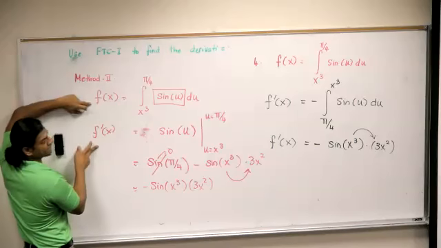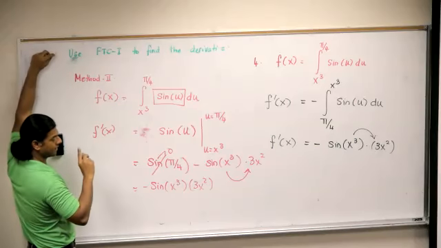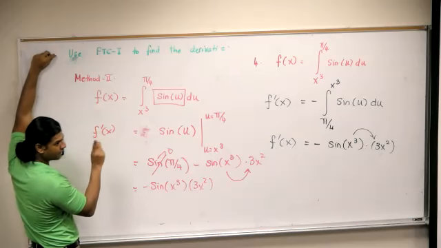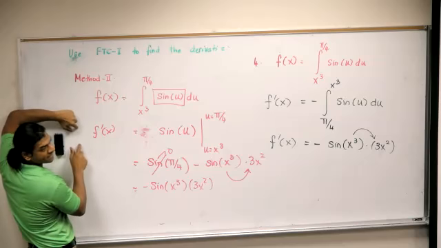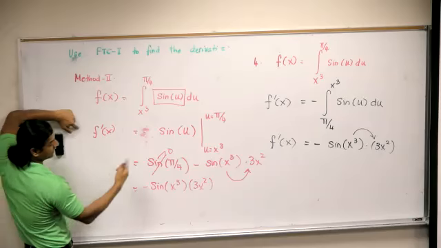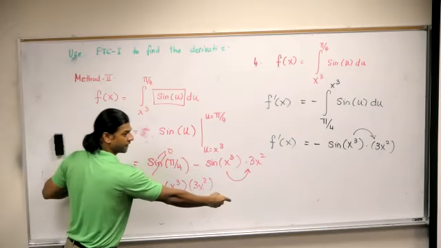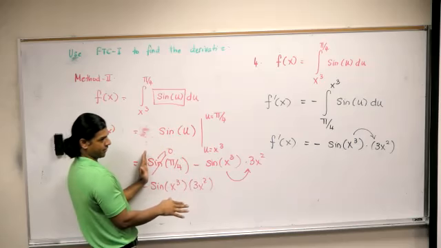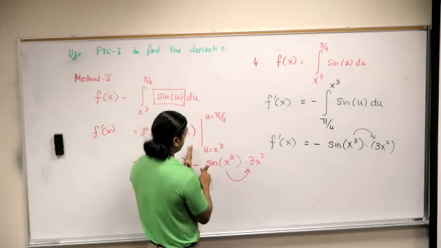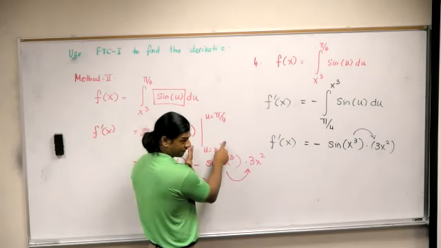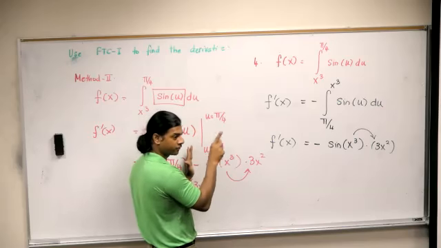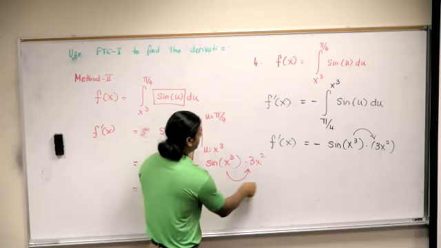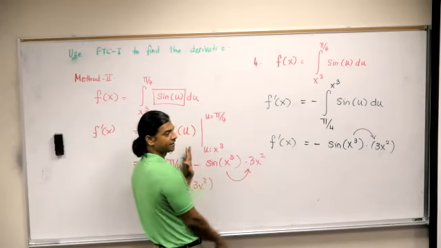Derivative of the antiderivative will give us f prime of x, right? I can't simply take the derivative of this, I've got to take the derivative of both sides. The derivative of the constant would become 0. For the x cubed, we're just taking the derivative of the limit, not the function itself. So minus sine x cubed, times the derivative of the inside, 3x squared.